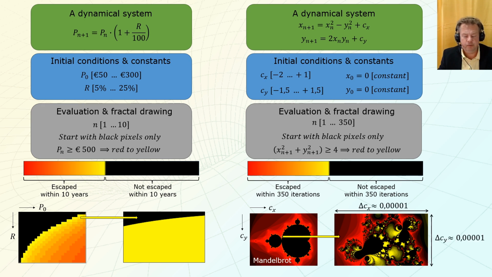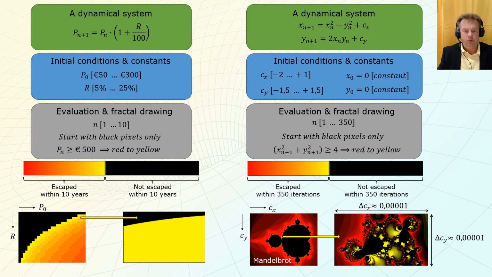And just to give you a feel, the entire range of Cx and Cy in this zoomed-in portion is 0.00001. So the difference between 2 pixels in this picture is even less. It's like 0.000001 or maybe 0.0000001.